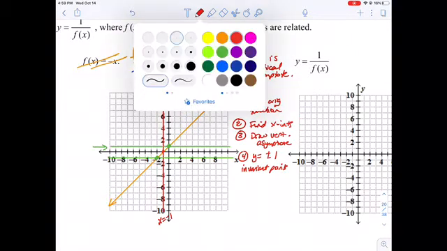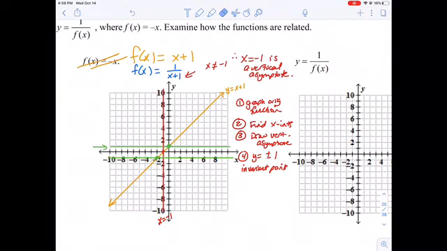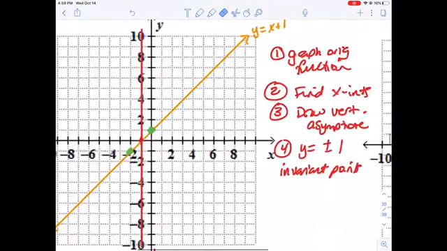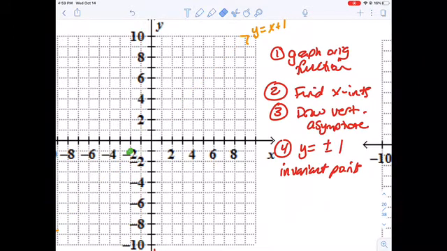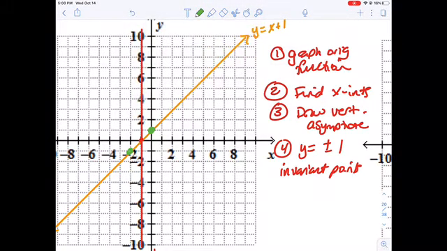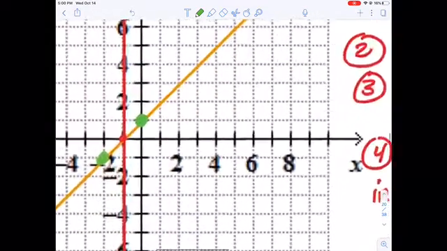Once I know that I've got these few values, I'm going to just erase the line, okay? I've got those 2 points, and I know that my asymptote is here in the red line. I'm going to look at these positive tiny numbers right here between 0 and 1, and I can replace those positive tiny numbers with positive big numbers, right?